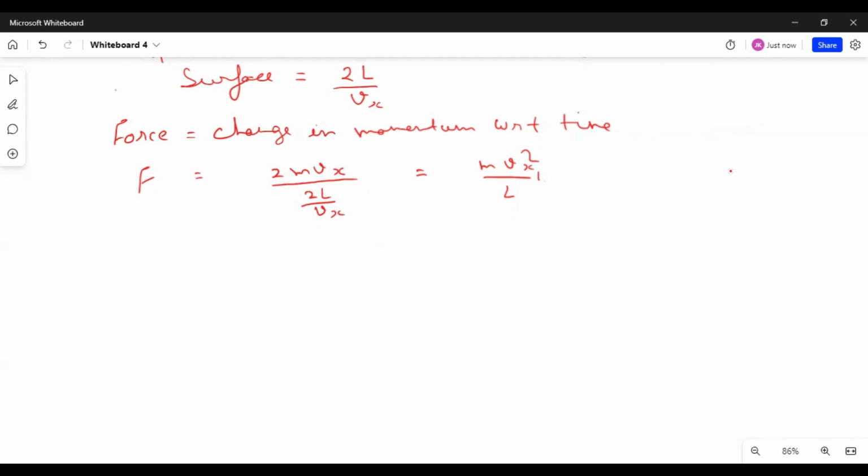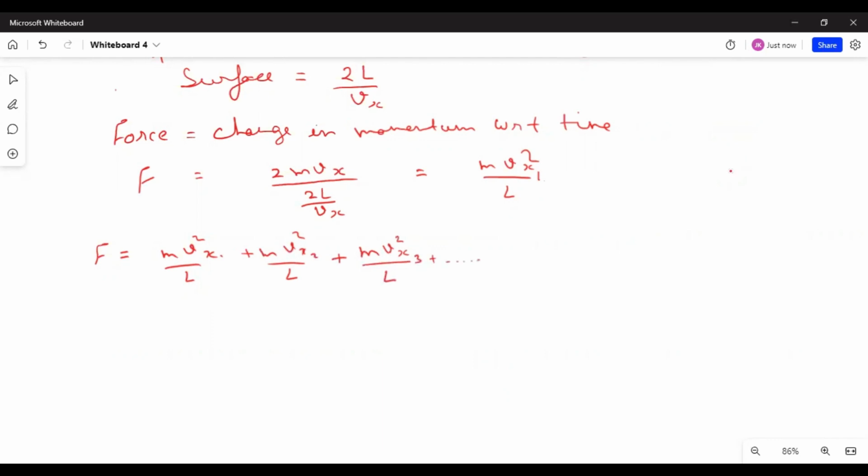So the overall force by combining all the electron particles will be the summation of mvx1 square upon L plus mvx2 square upon L plus mvx3 square upon L, and similarly.